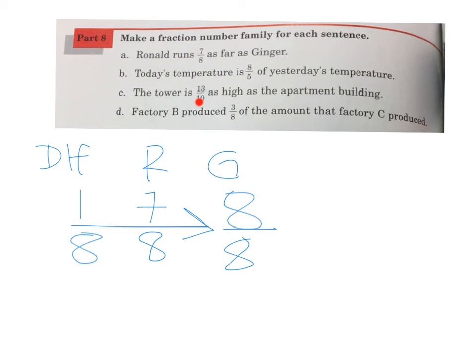And here is D. Factory B produced 3/8 of the amount that factory C produced. Here it is again: Factory B produced 3/8 of the amount that factory C produced.